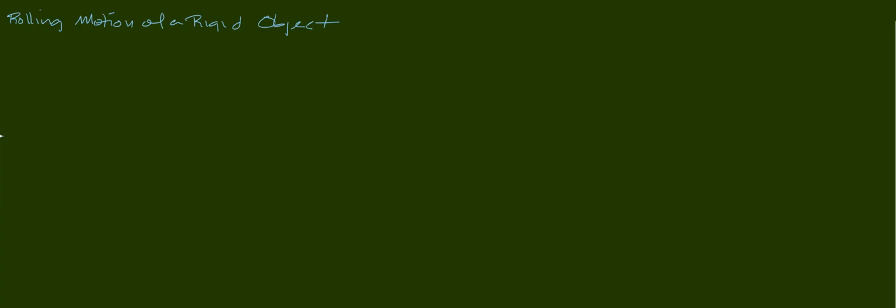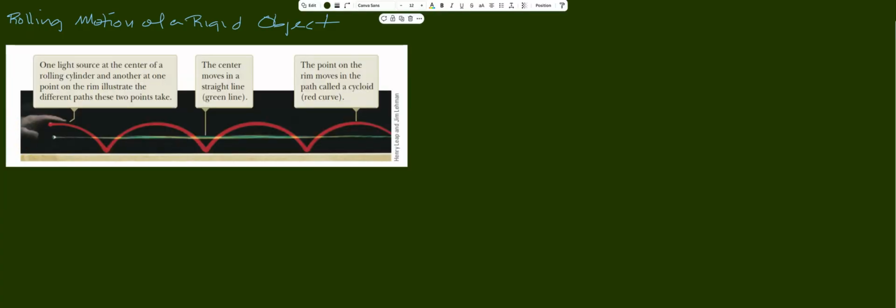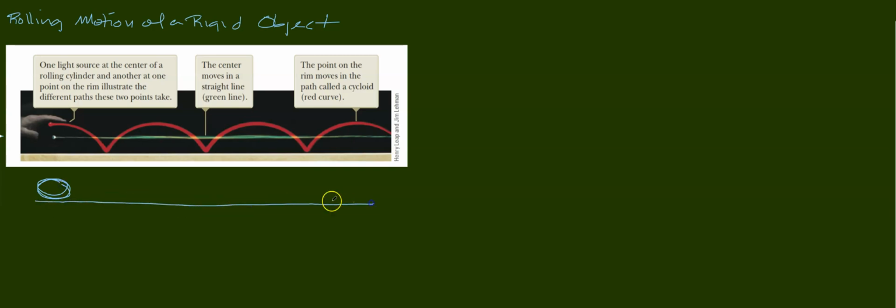So take a look at this graph, which is not even a graph, it is actually a photograph, a long exposure of a cylinder that is allowed to roll on a surface, and that cylinder has a source of light that is red here and a source of light that is green at the center, so here.